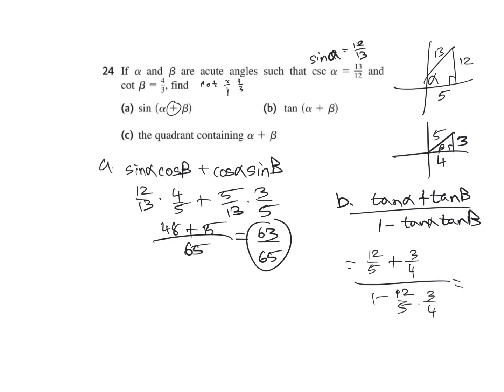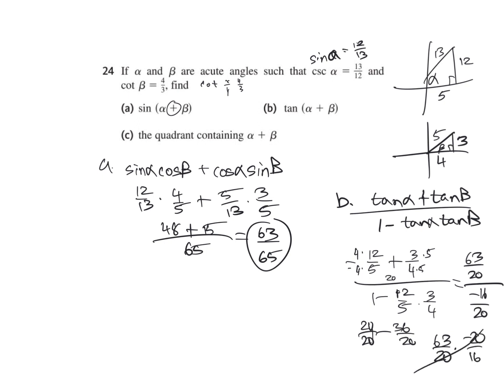So common denominator, they both go into 20. So 48 and 15, 63 over 20. And the denominator, 1 minus 36 over 20. So 20 over 20. 20 minus 36 is negative 16 all over 20. So 63/20 times the reciprocal of the bottom. So negative 63 over 16.